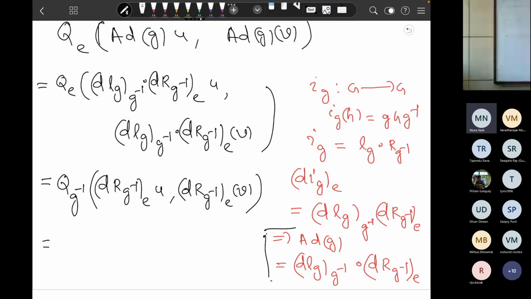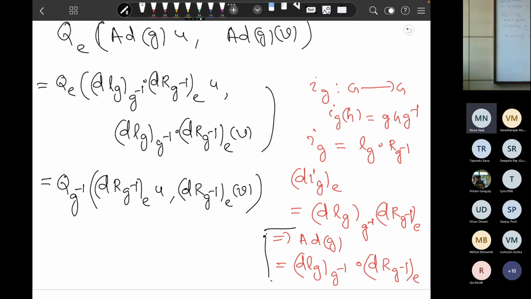DR_{G^{-1}} E. Yeah, this is okay. That is perfectly fine. So this is really Q_E, by the right invariance of R_G inverse.